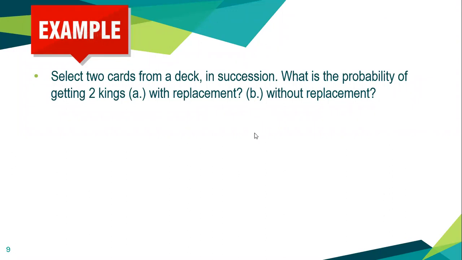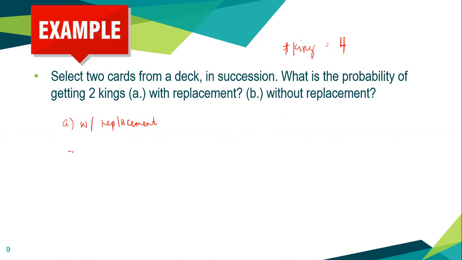So for this example, let's answer letter A first. With replacement means that once you draw, you put it back. In the deck, how many kings do we have? We have 4 kings. Then the total cards in the deck is again 52.